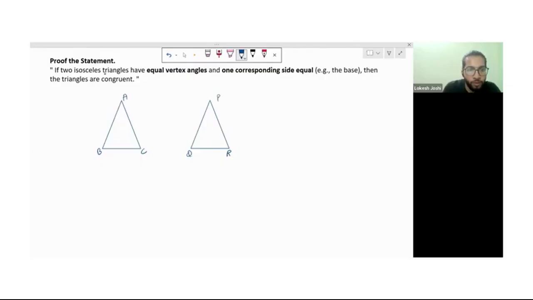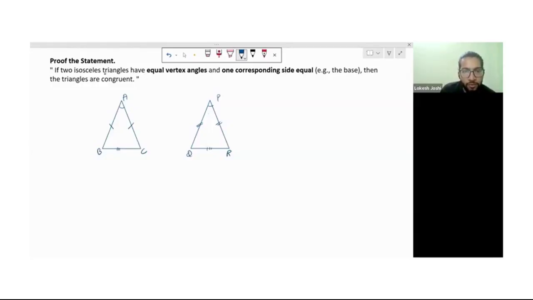We have to prove it. Let me draw the given triangles one by one. Suppose these are A, B, C and P, Q, R. In isosceles triangles two sides are equal, so AB is equal to AC, and PQ is equal to PR. It's given that the vertex angles are equal and one corresponding side is equal, which means this side is equal to this side.